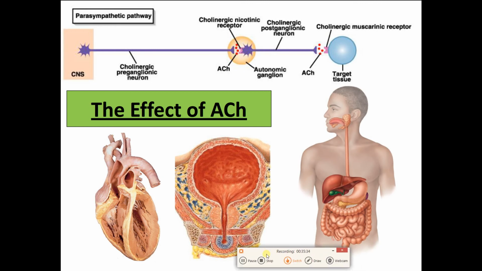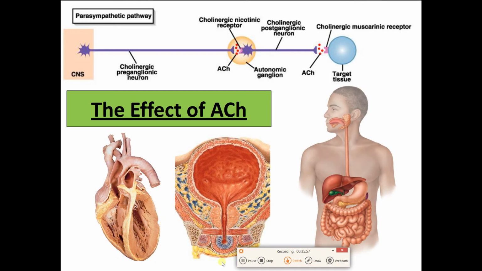Digestion, defecation, and diuresis. So, when acetylcholine is released in our target tissue, let's figure out what that target tissue does. If it is the heart, acetylcholine is going to cause heart rate to decrease. Remember, rest, right? Rest and digest. Acetylcholine will decrease heart rate.